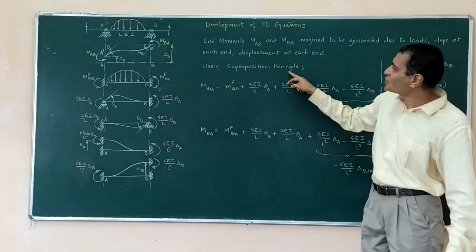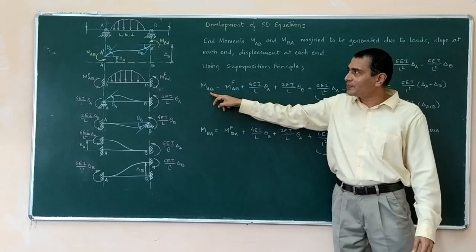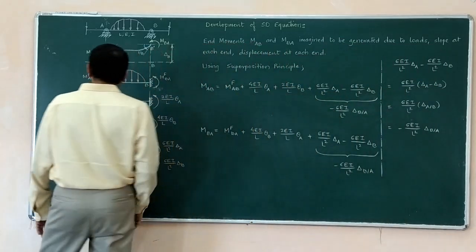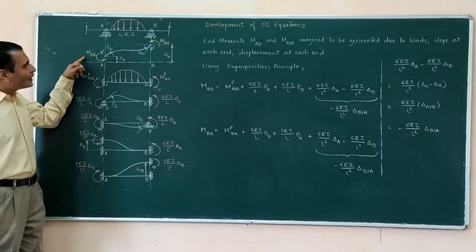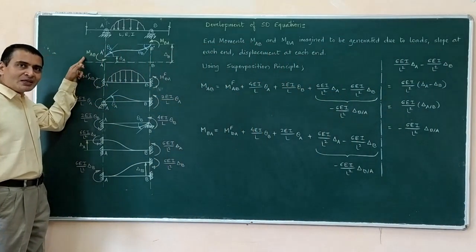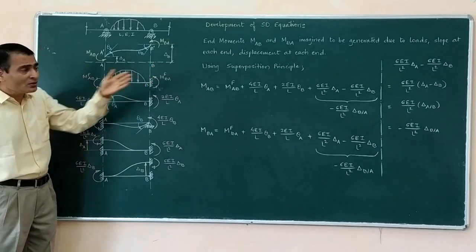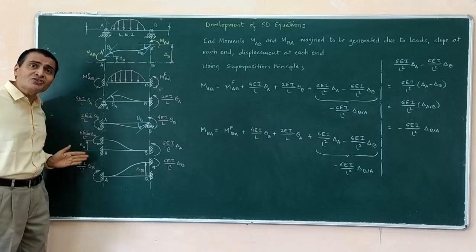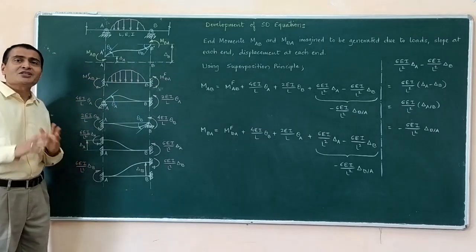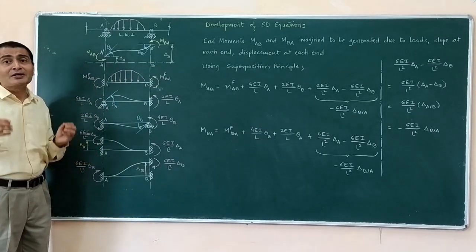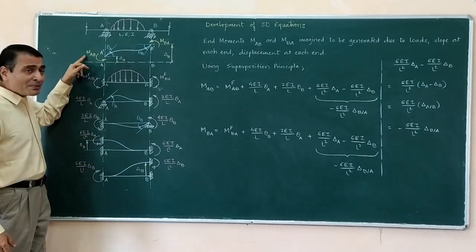Using superposition principle, M of AB, this particular end moment, I am writing. You can read simultaneously in my equation and look at the drawings here and you will realize that it's a very simple and very interesting theory.